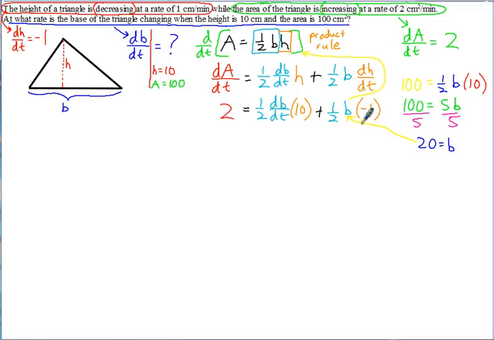And then we'll have everything we need to solve for dB/dt. So we've got 2 equals 10 times 1/2 is 5, and then we've got dB/dt. And then here we've got 20 times 1/2 is 10, times -1 is -10.